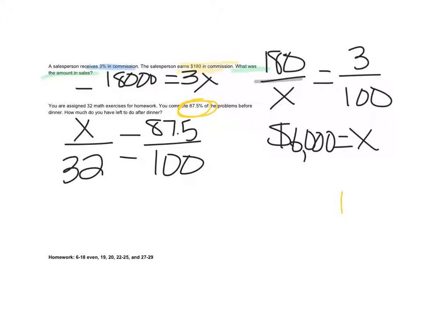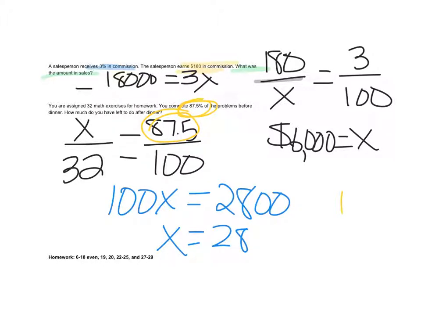Okay, so if I set the proportion up like that, which is not wrong, what I'm figuring out is the 87.5. So I'm figuring out how many problems I did get done. So we have to keep that in mind when doing it. Okay, so let's go ahead and cross multiply and we can solve, but we're going to find out how many problems we did get done. So go ahead and do that.